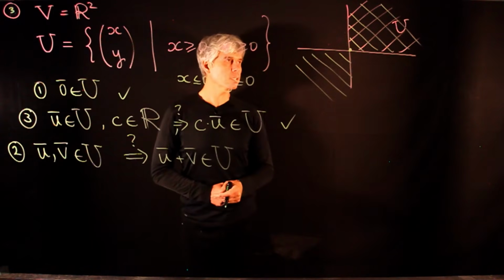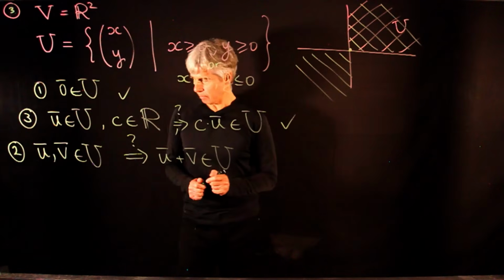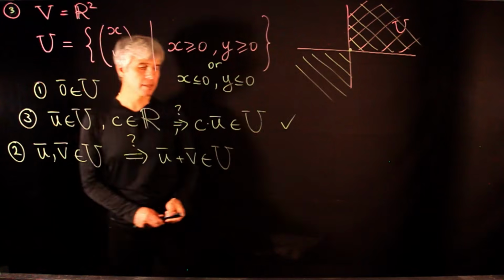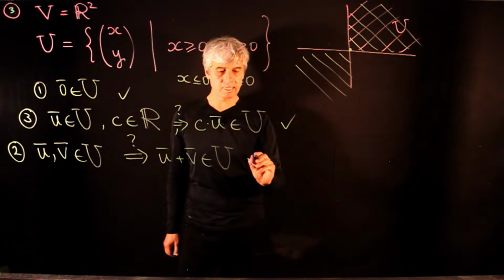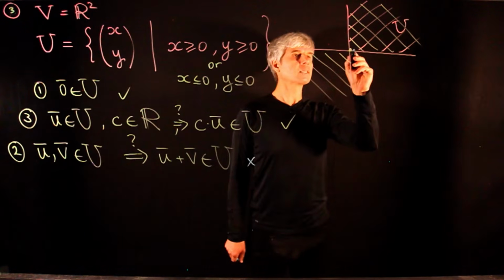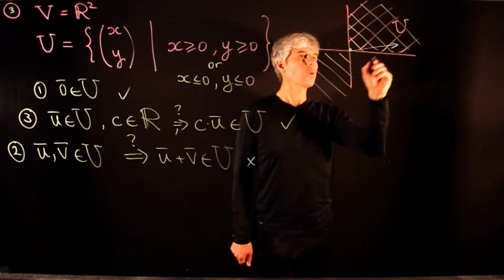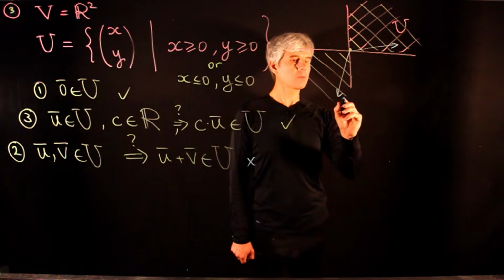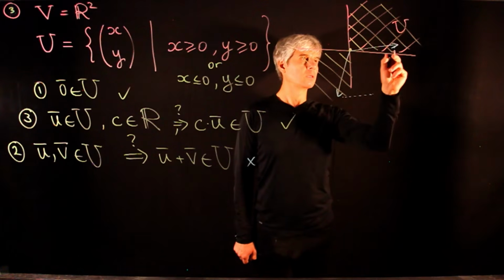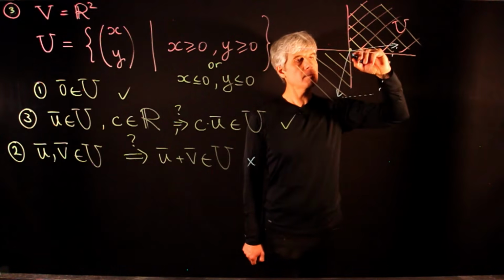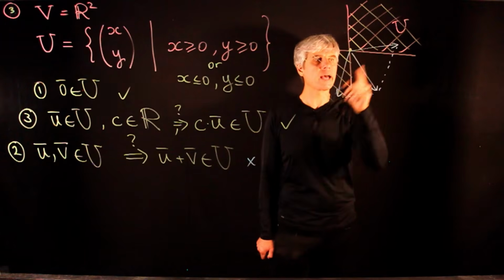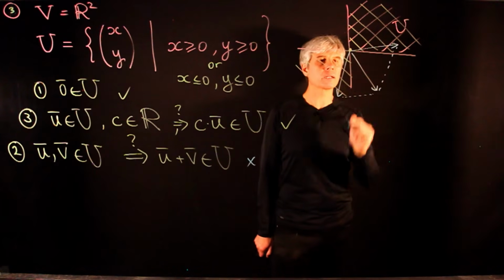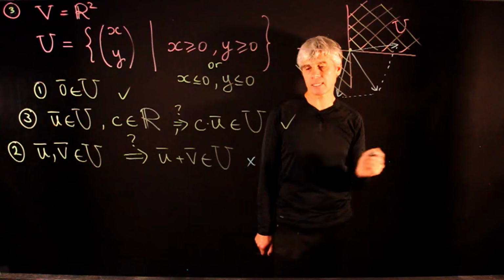This is not quite obvious, but it turns out that the answer is negative. If we take one vector like this and another vector like this, then by the parallelogram rule, the sum will be here, and that will clearly bring us outside of this set.